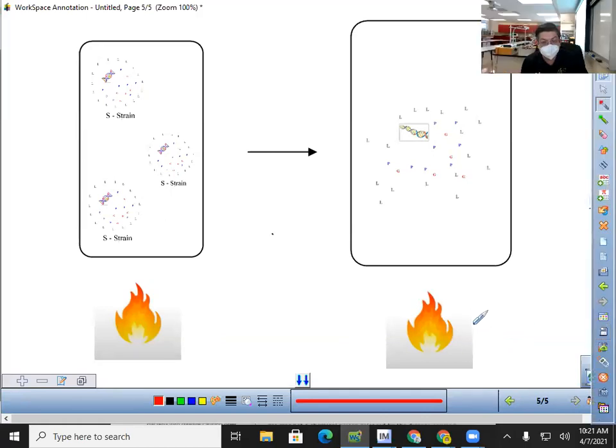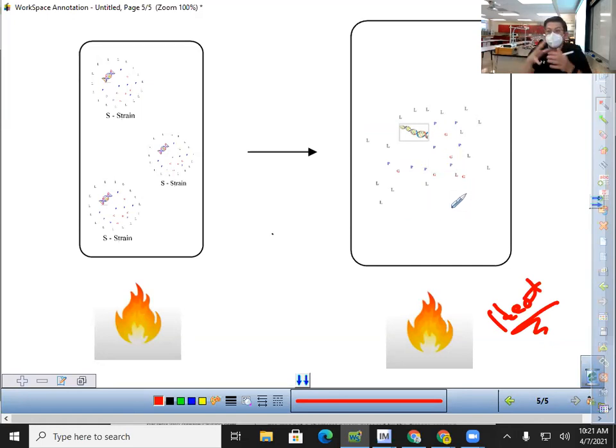So the heat disintegrated the cell. So instead of having the lipids building the cell membrane, they scatter. There's no longer a cell membrane. All the molecules are just basically floating in the juice, right? So you have to imagine that all the molecules are in the juice.